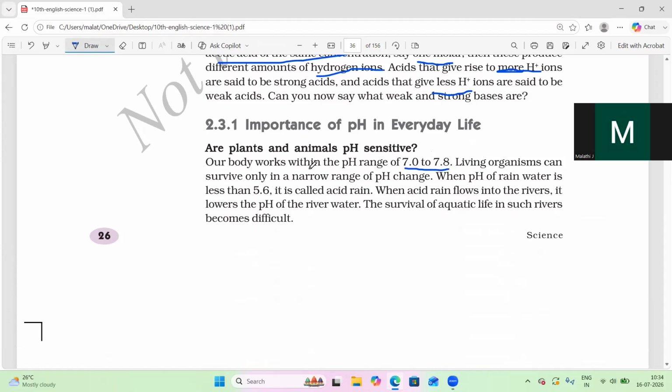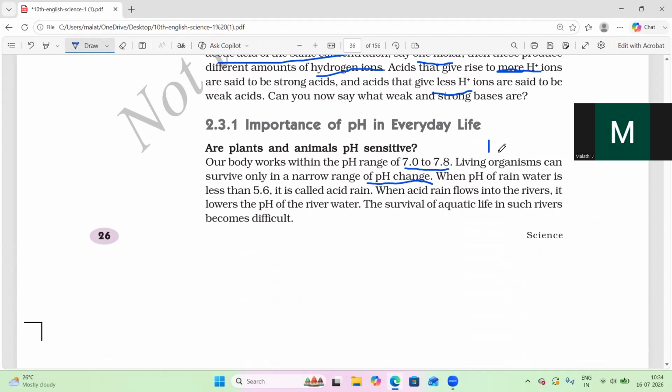Living organisms survive only in this range of pH. If the pH is changed, if it is less or more, what will happen? We may get disease, and it will not be healthy.